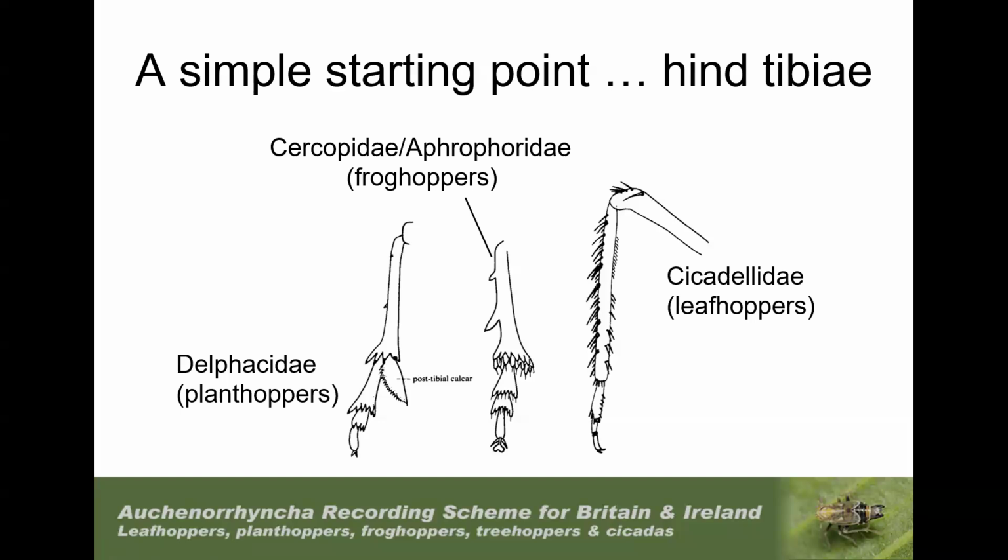Now, as far as I know, that particular structure, that movable spur, is unique in all insects. I don't think there's any other group that's got that particular structure. So if you find an insect, particularly something that looks like a leaf or planthopper, with that structure, you're straight away into that family, the Delphacidae.